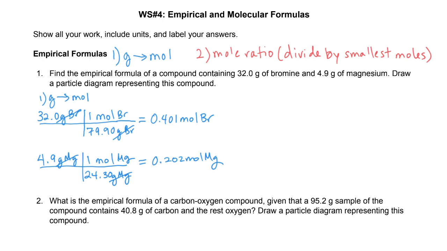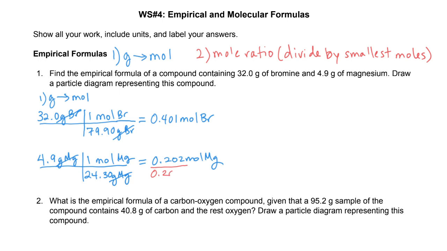Now my second step is to figure out the mole ratio, because these numbers, it might not be immediately obvious to you what the whole number ratio is. And we know from Dalton's theory of the atom that all compounds have a whole number ratio of elements. So to find our whole number ratio, we will divide by the smallest moles, which in this case is magnesium.